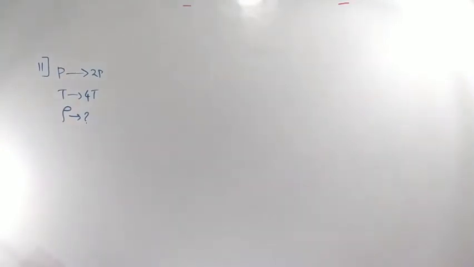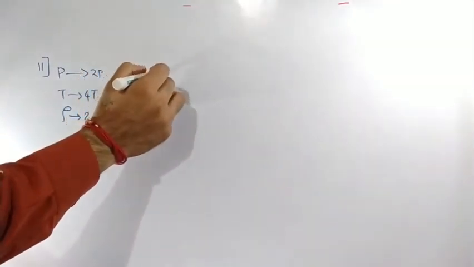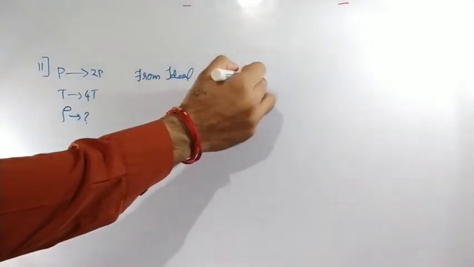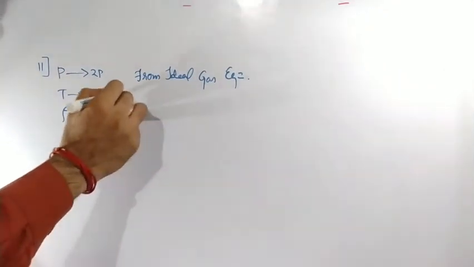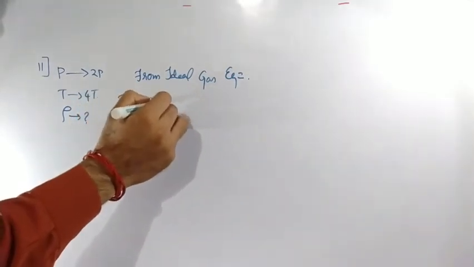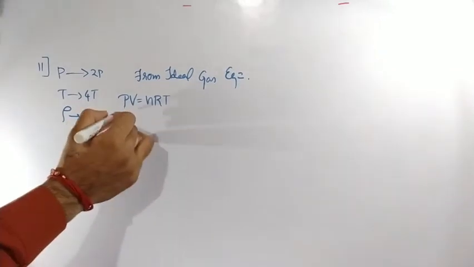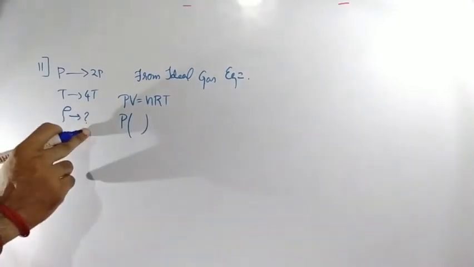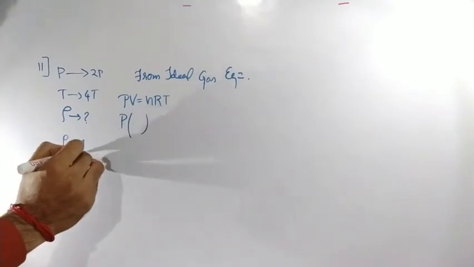Okay. Now, how to proceed? Listen. From the ideal gas equation, we have the formula that PV is equal to nRT. Okay. Now I can rewrite this V. We know that density is nothing but mass by volume.